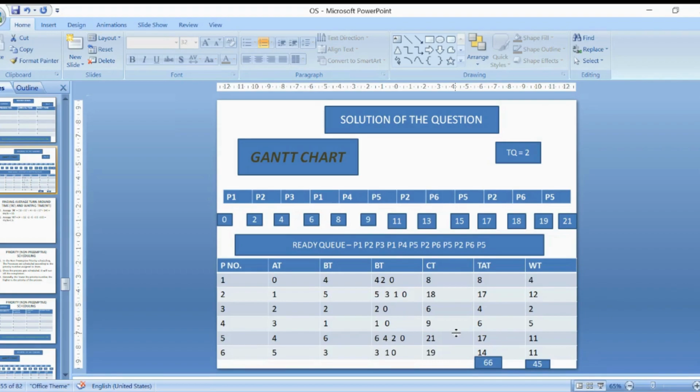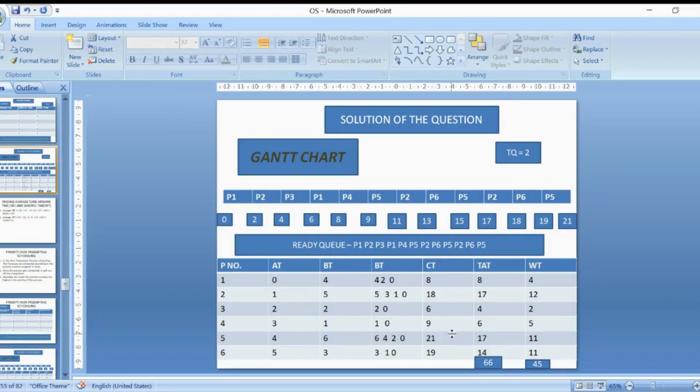Since P6 has 1 burst time remaining, we will write it in the ready queue. Now P5 will execute 2 burst time. Since the time quantum is 2, now the Gantt chart value becomes 17. Since P5 has 2 burst time remaining, we need to write it in the ready queue.